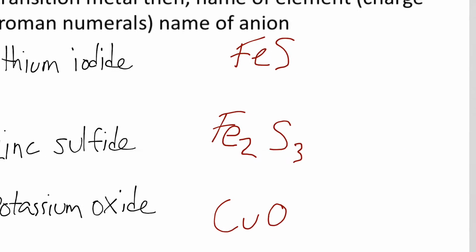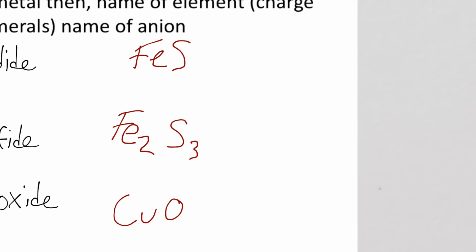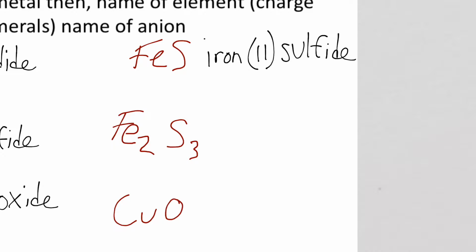On the other hand, when we have things that are transition metals, we need to indicate what their charge is, and we use that in Roman numerals. So we have iron, and its current charge is 2. So we put iron 2, sulfur becomes sulfide. Now over here, iron, again, but this time it has a 3 plus charge.